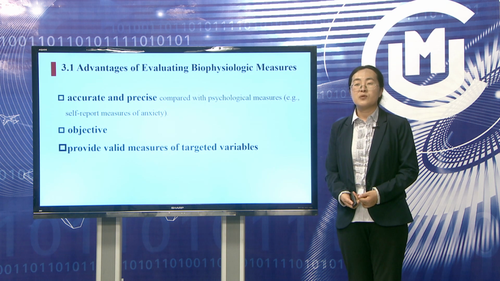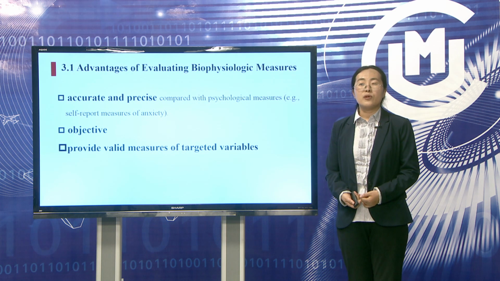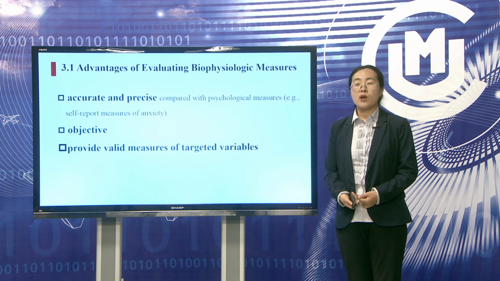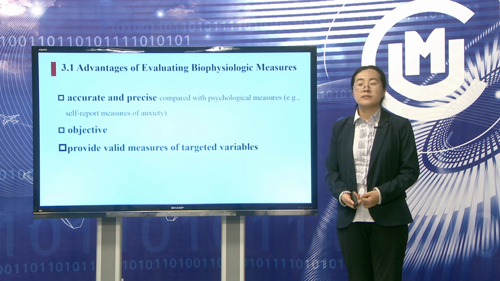Two researchers reading from the same instruments are likely to obtain the same blood pressure measurements, and two different instruments are likely to produce the same results. Patients cannot easily distort measurements of biophysiological function.